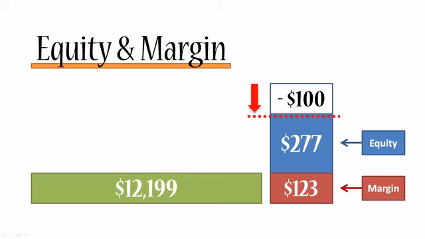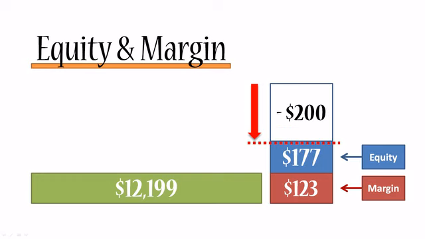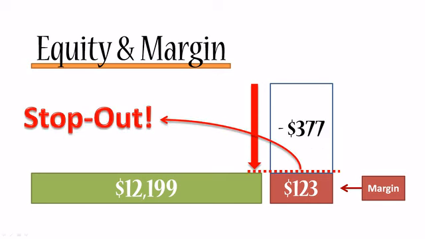Next, if the market keeps going against you, your equity keeps reducing. So as you can see, the green money that was borrowed has not been touched yet, neither has the margin. So what happens when all of your equity gets eaten up by this transaction? Well, right away, a stop out will happen.